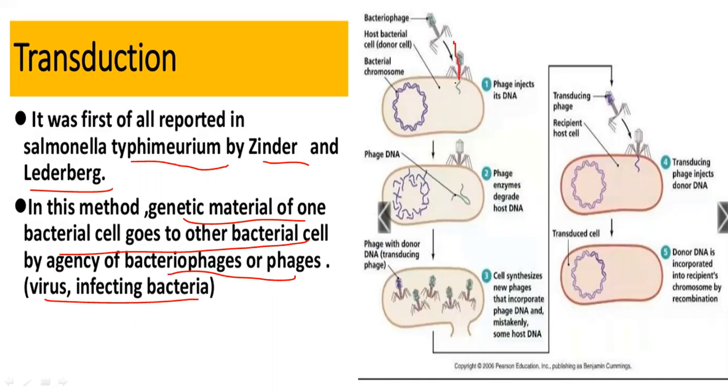When the virus bacteriophage is formed, it has viral DNA, and here is the bacterial DNA. When all the viruses are formed, the bacterial DNA is degenerated, or some part of this bacterial DNA is incorporated here with the viral DNA.